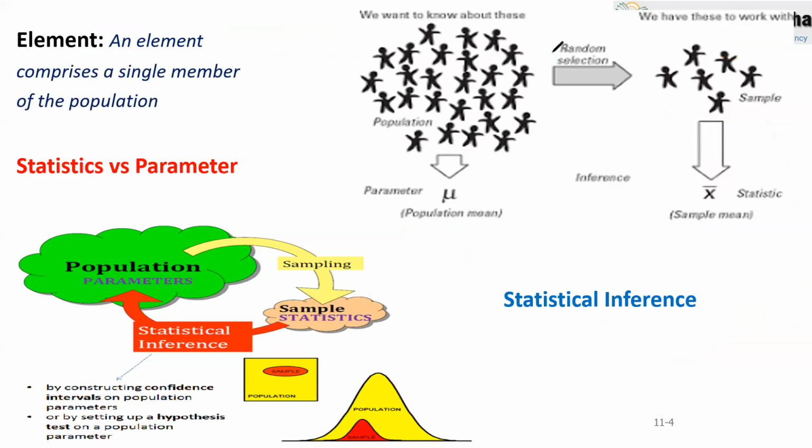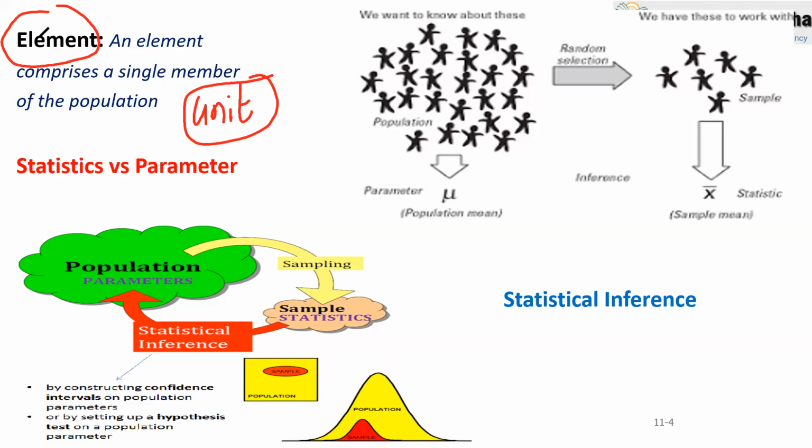So in this slide, there are some terms which I want to explain. First, number one, element. Sometimes we call it a unit. So what is the element or unit? The element or unit means from whom you are collecting the data.